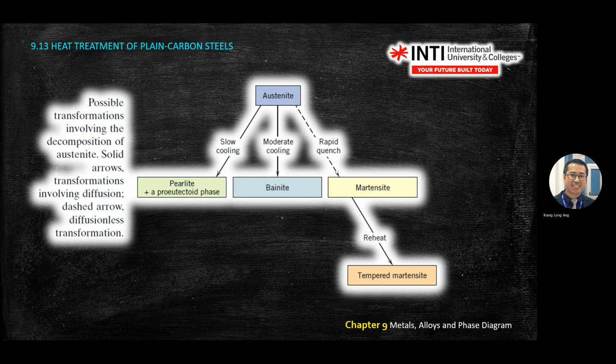From gamma, you get these types: pearlite, proeutectoid, bainite, and martensite. So from gamma, you rapidly cool, you get martensite. Then you reheat it, you become tempered martensite. It's still martensite, but the industry gives it one more name, called tempered.